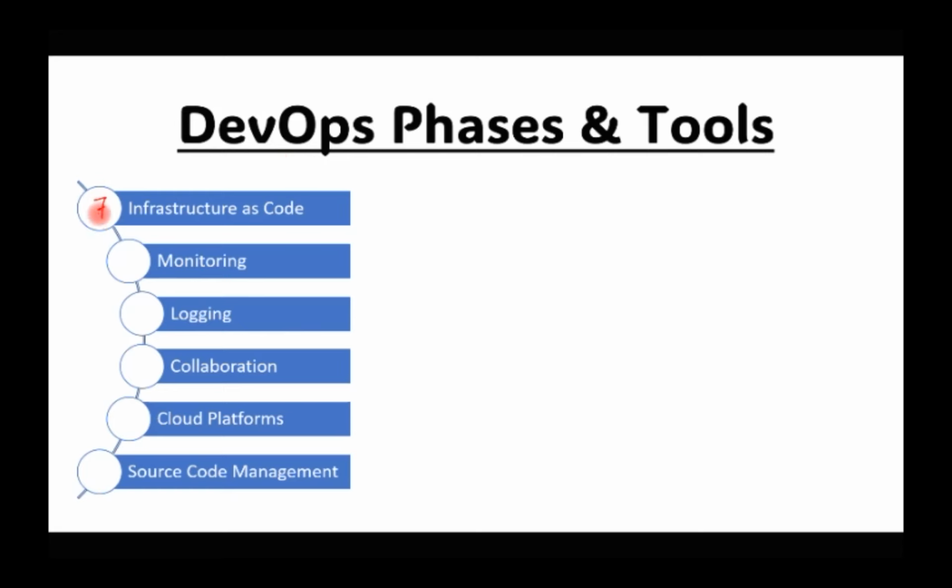On number 7, we have infrastructure as code. The most popular tool here is Terraform. So what exactly is this tool? It's an infrastructure provisioning tool that allows us to define and provision infrastructure using a declarative configuration language. We can use a particular template and create the infrastructure based on that template.